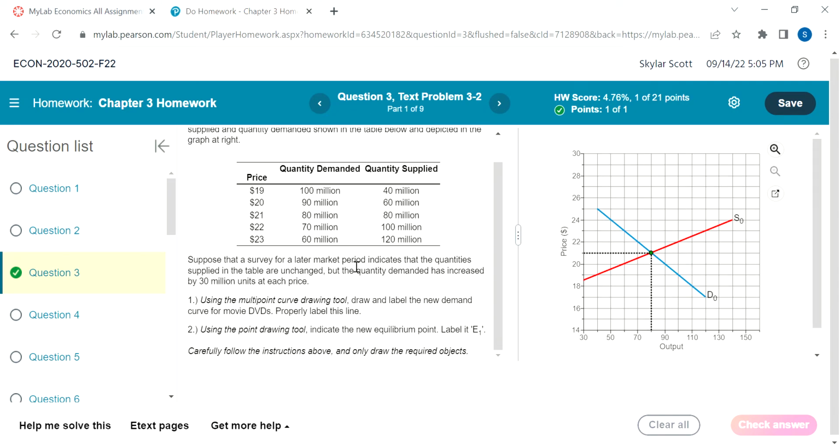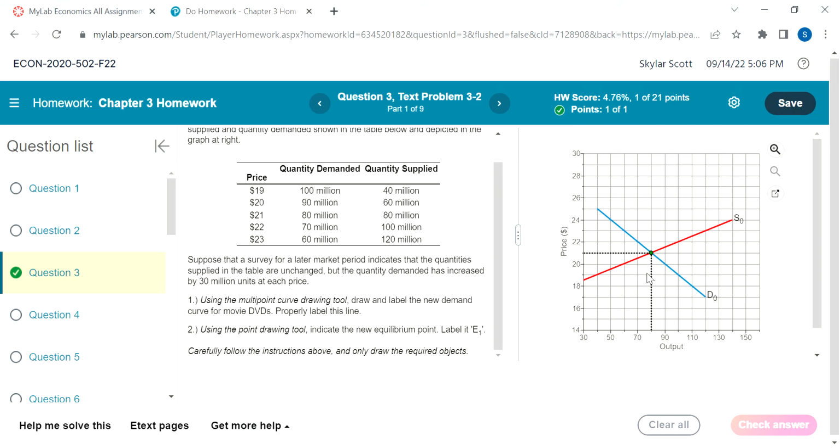Suppose that the survey for a later market period indicates that the quantity supplied in the table is unchanged. So, knowing that the quantity supplied is unchanged, right away we know this is a question that has nothing to do with our supply curve. But the quantity demanded has increased by 30 million units at each price.